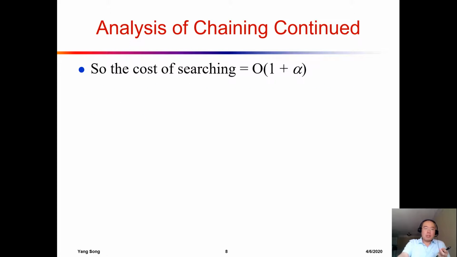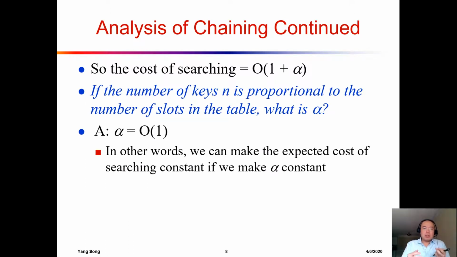So the next part, if we got the time complexity with alpha as a term, the next question we want to ask is, how do we consider this alpha? Do we consider this alpha as a constant as well? So you see the blue line.